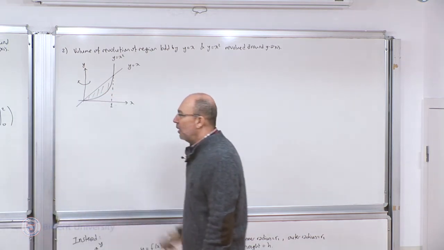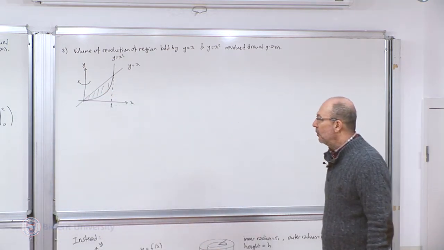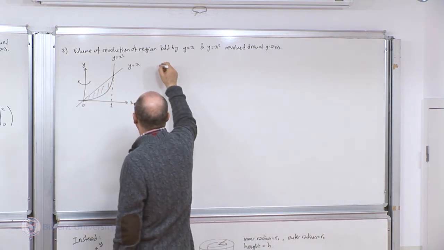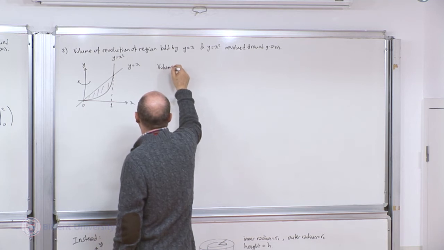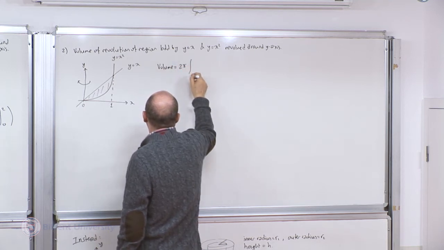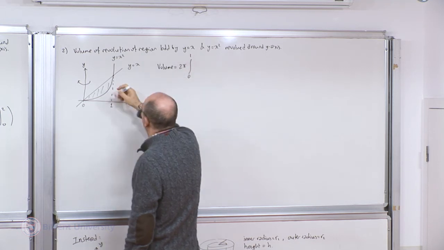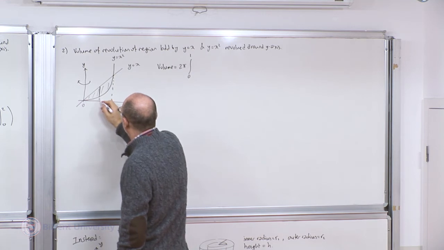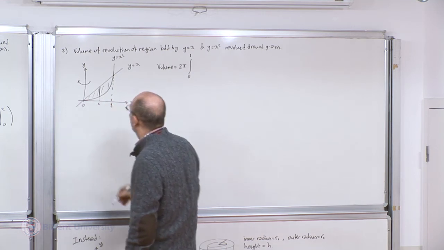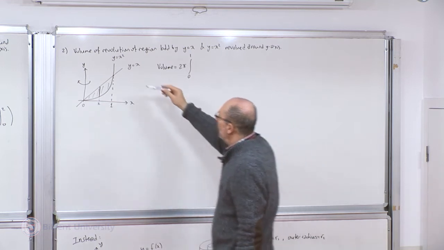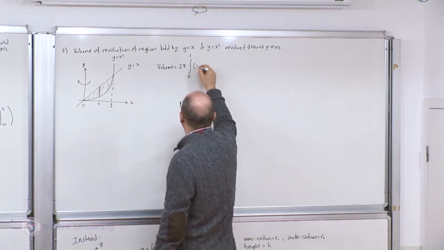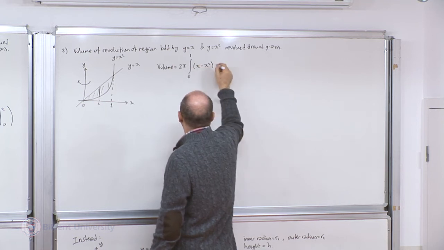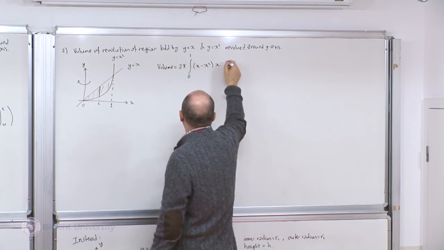So in the picture, I have all the information. Integration from 0 to 1 of this thing. So volume is equal to 2 pi from 0 to 1. I have to look at the height at a typical point, x. So this is this function minus this function. So this is x minus x squared, times x, dx.